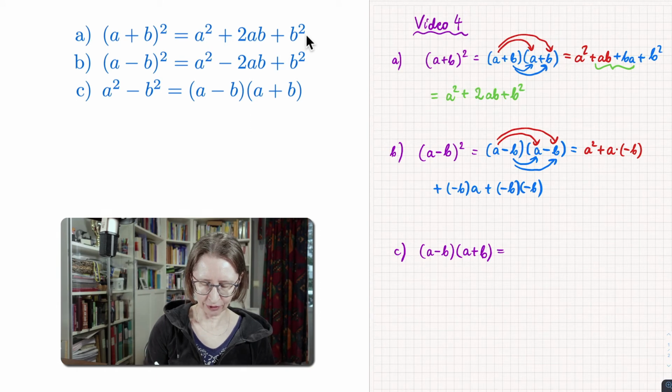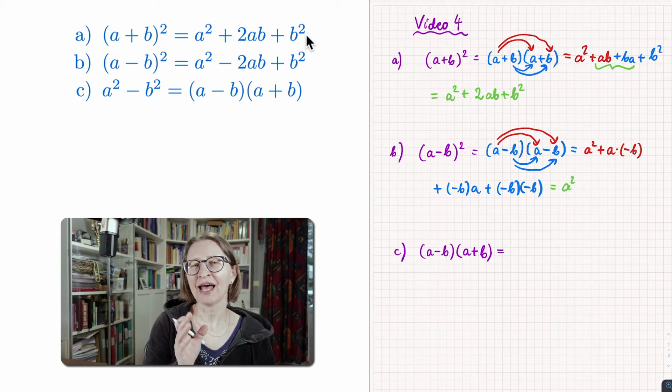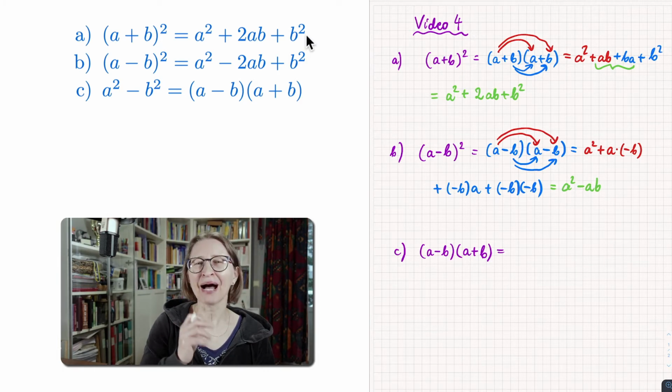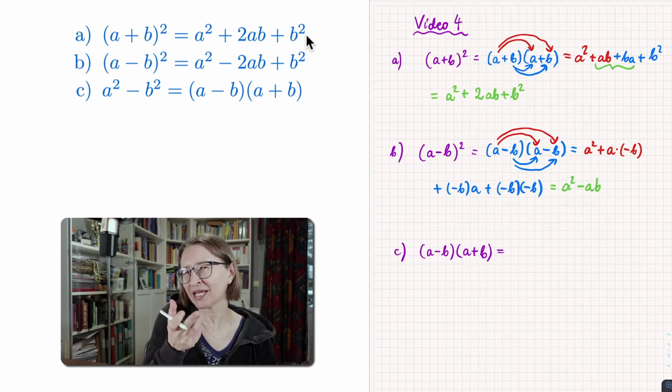And now I can rewrite it in the following way. A times minus b is equal to minus ab, right? Minus ab. Then minus b times a is equal to minus ba, which is minus ab, right?